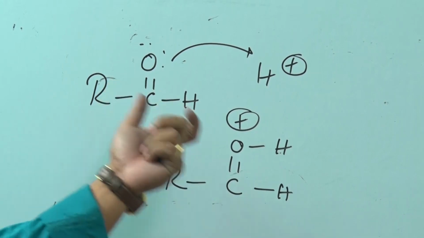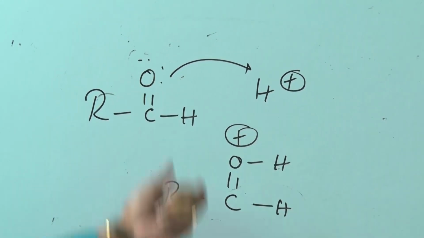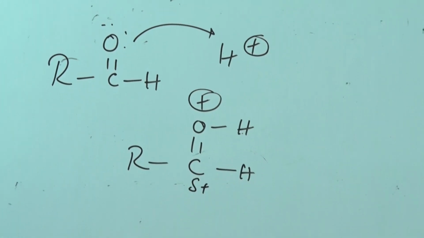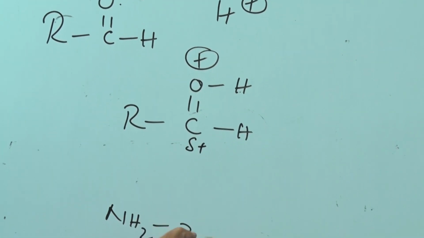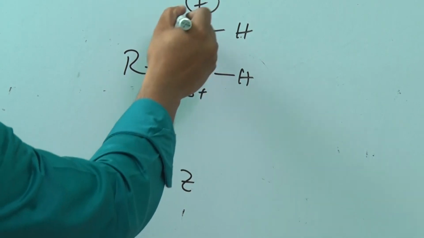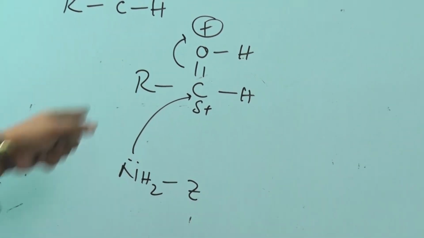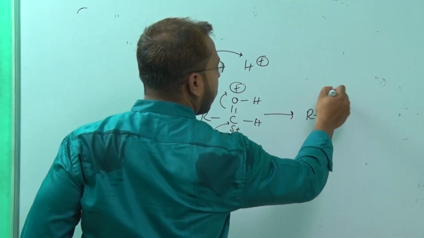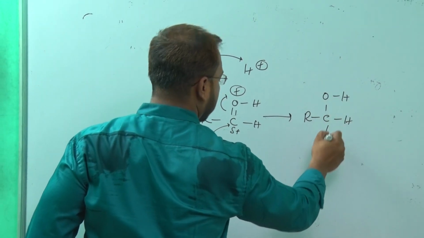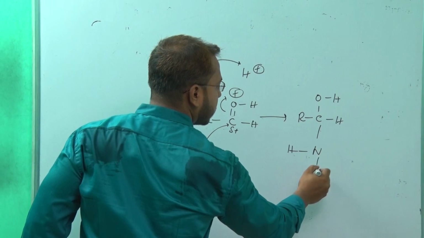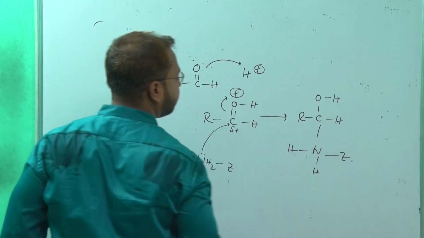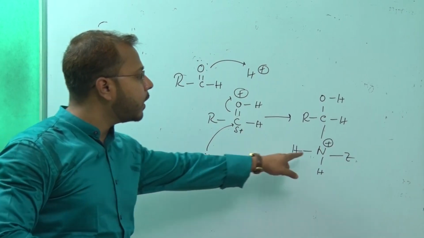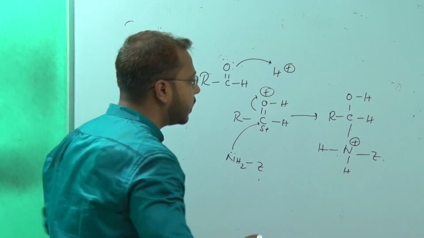Obviously oxygen, it will have a positive charge, so it can attract the electrons from this part, therefore a delta positive charge is there, and the NH2 part is a good nucleophile, it attacks this part and you will have the structure that is OH, H, NHHZ, and as it has donated one electron, it will have a positive charge.